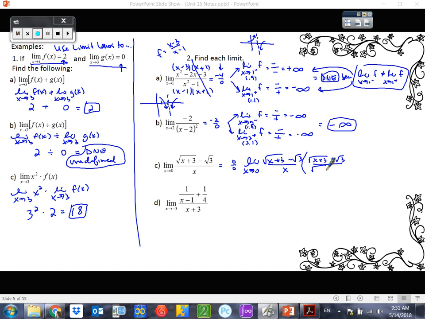And we can only multiply by 1, so square root of x plus 3 plus root 3. Now, resist the temptation to distribute the non-conjugate part. I know we want to distribute this x. Don't do it.